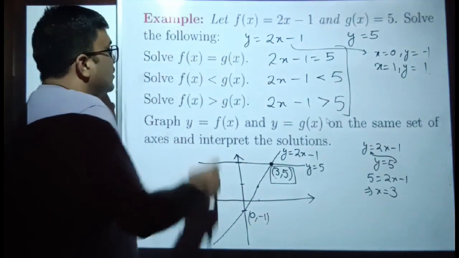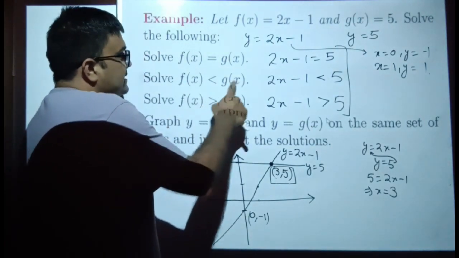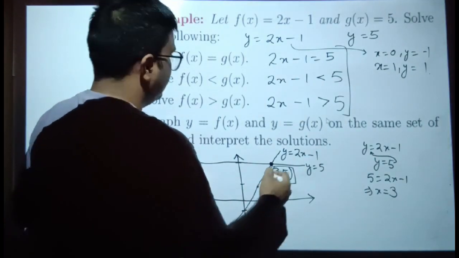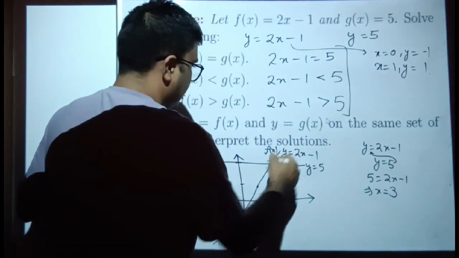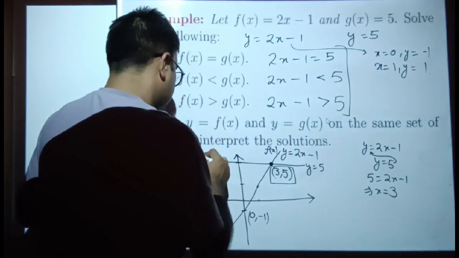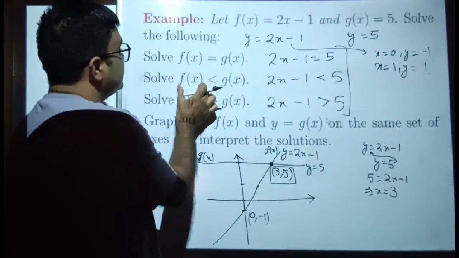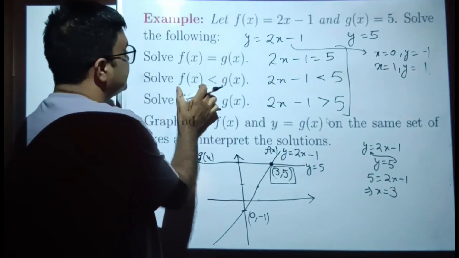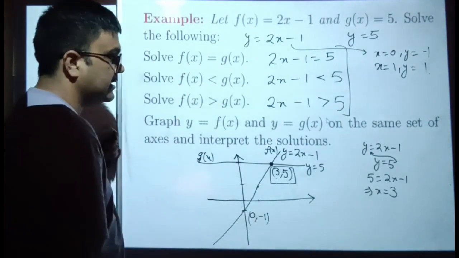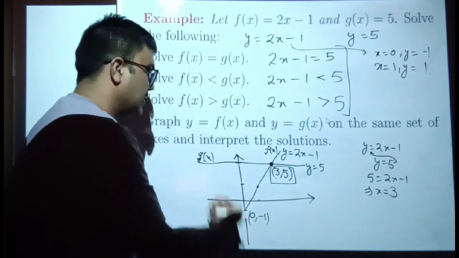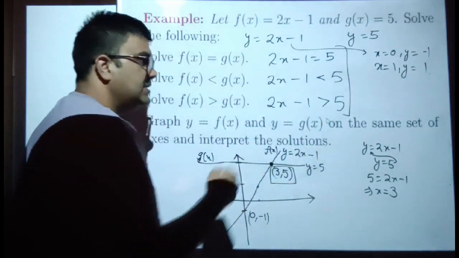Now we are saying f(x) is less than g(x). We have two curves: this is f(x) and this line is g(x). You can say curve or you can say line. What is the region under which f(x) is less than g(x)? These are the values of f(x), and these are the values of g(x).